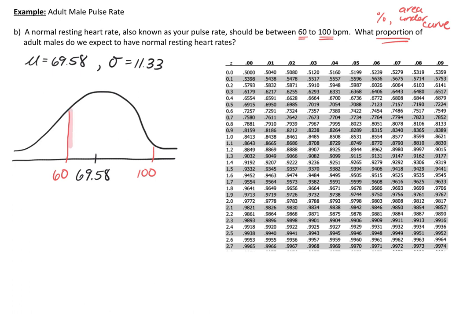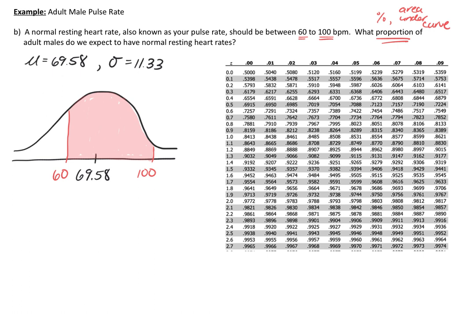The area that we're shading in red here represents all the male pulse rates between 60 and 100 beats per minute. So we want to know what the area of this red shaded region is. Once we figure out this area, it's going to correspond to the probability of pulse rates that are between 60 and 100.